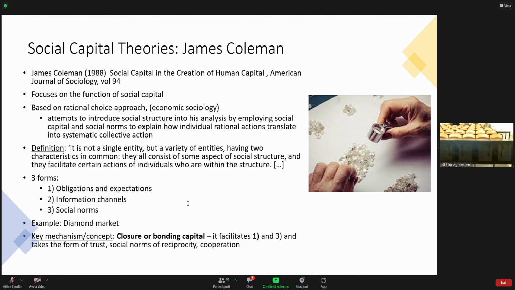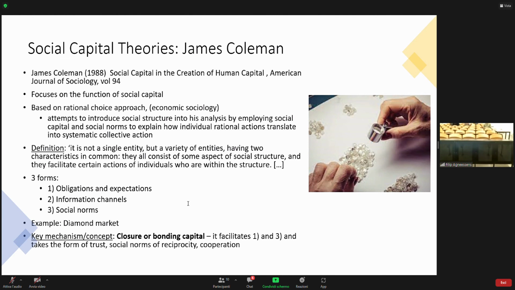So they have ethnic ties, they even have kinship ties. So he said that imagine if one person steals your diamonds and runs away with them, everyone would know that, his reputation would be ruined, and no one would ever work with him again.